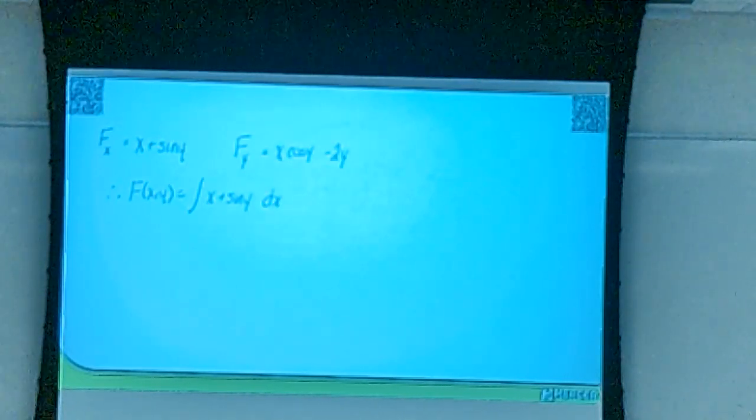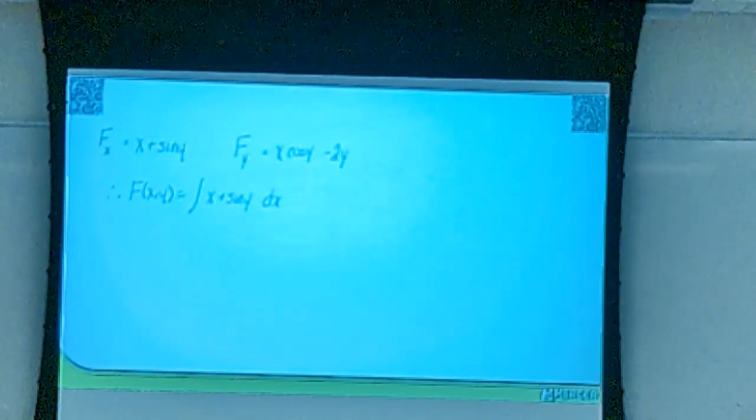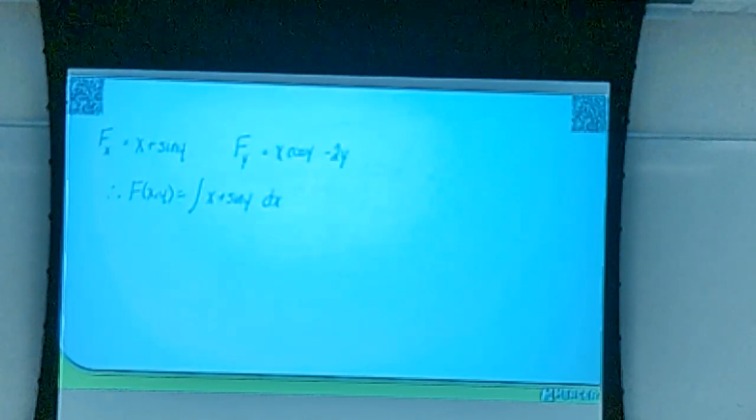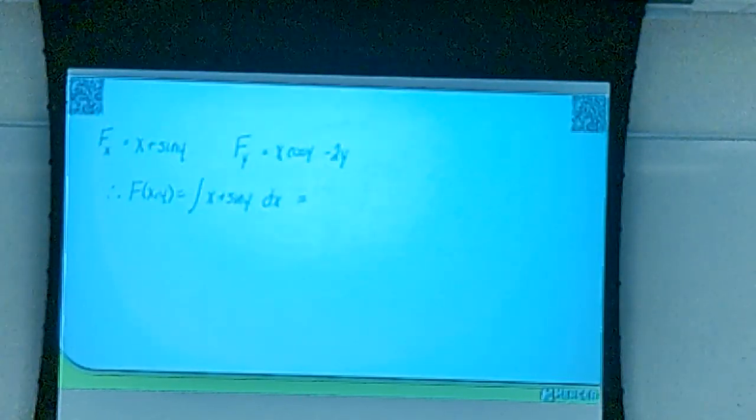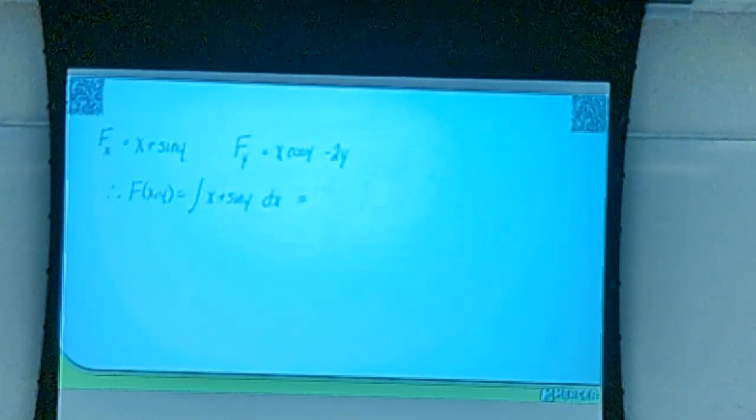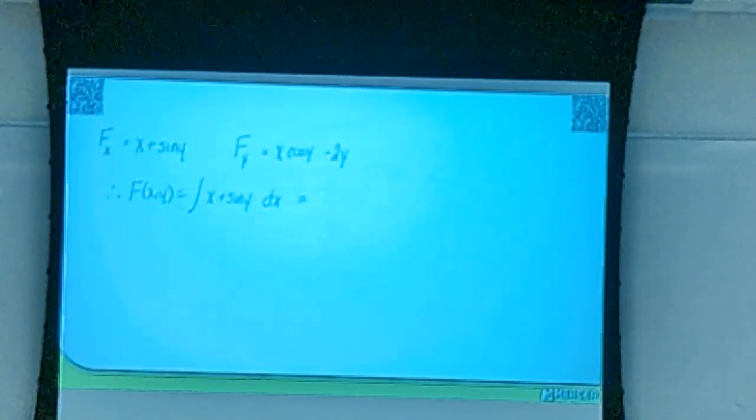To find the antiderivative of x plus sine of y with respect to x. What is its antiderivative?